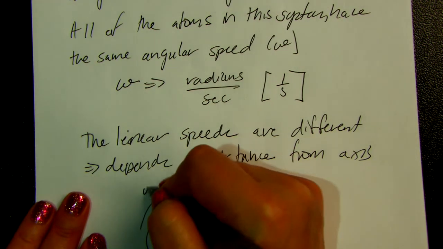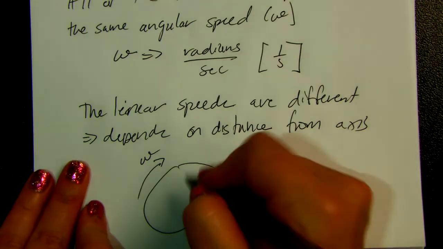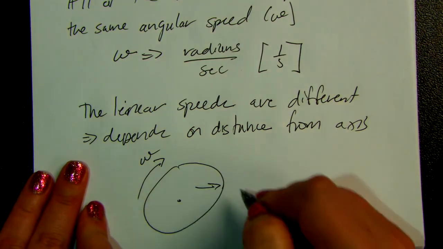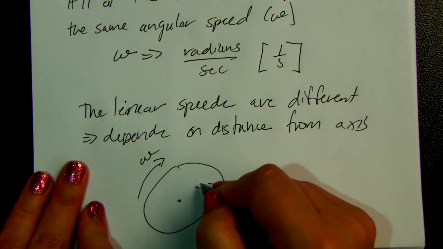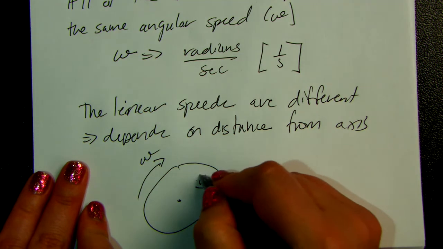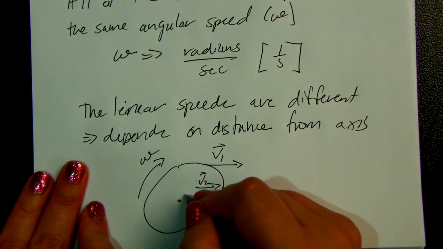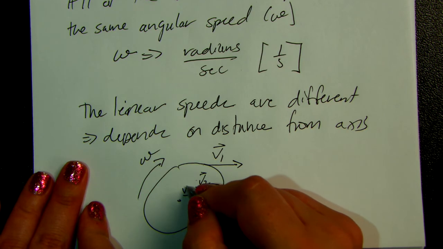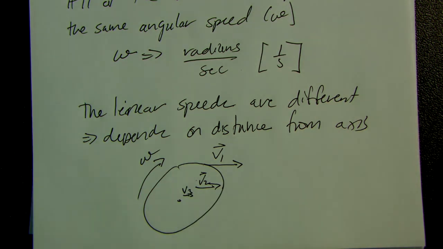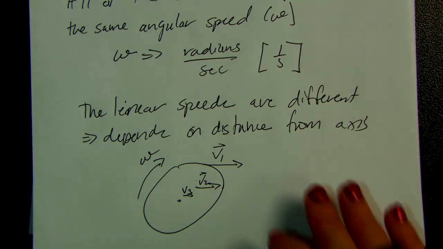Everything has the same omega, but you're going to get a different speed here than you would get here, or here.